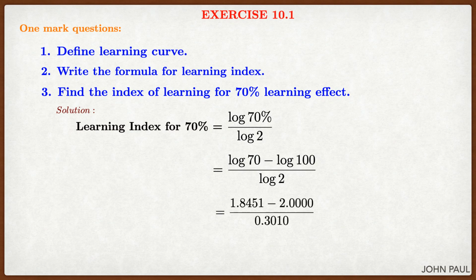Log 70 is 1.8451, minus log 100, which is 2.00, rounding off to 4 decimal places, by log 2. You can use a log table to find log 70. Equal to minus 0.5146. This is the learning index for 70%.